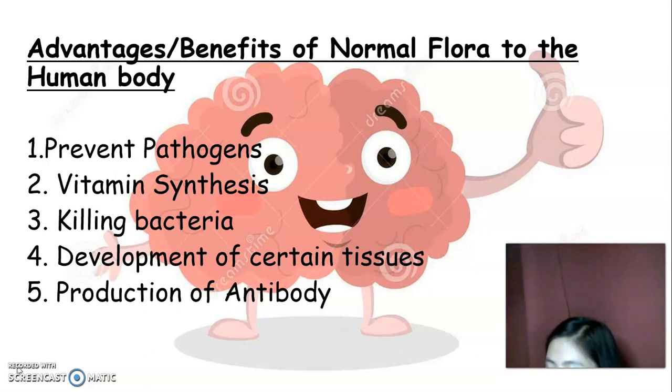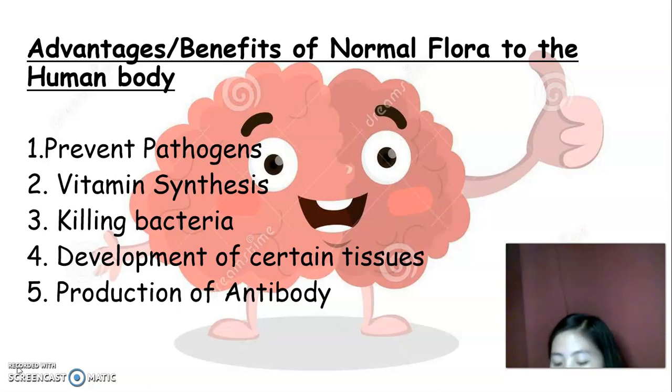For example, a few intestinal bacteria produce highly specific bacteriocins that help to kill other bacteria. Number four is development of certain tissues. Normal flora also helps in the development of certain tissues, for example the caecum and certain lymphatic tissues in the gastrointestinal tract.